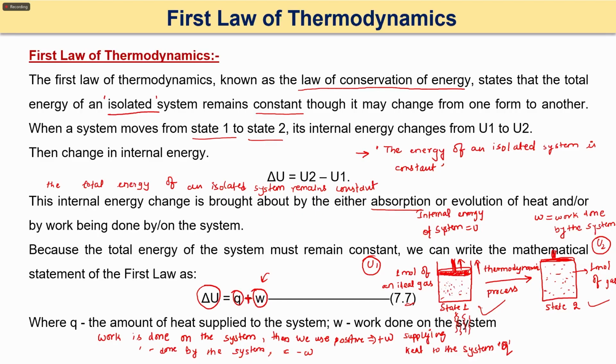What we studied over here was a process where work is done by the system. That's why we are getting delta U as Q minus W.